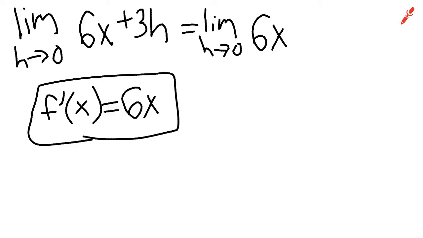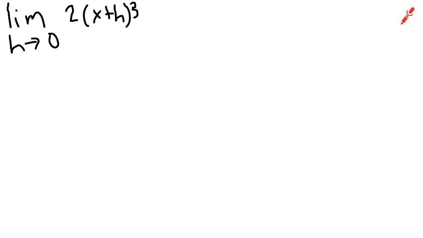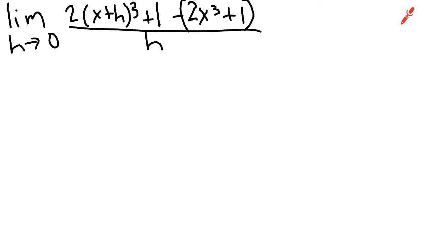Now we must apply the limit process to the second equation, which is 2x cubed plus 1. So we do the limit process again: 2 times x plus h cubed plus 1 minus 2x cubed plus 1, all of that over h.